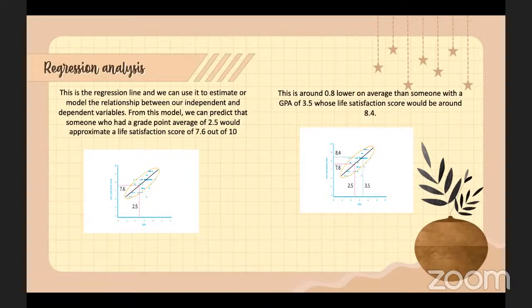So you can see in the graph. And in the next graph, this is around 0.8 lower on average than someone with a GPA of 3.5, whose life satisfaction score will be around 8.4.